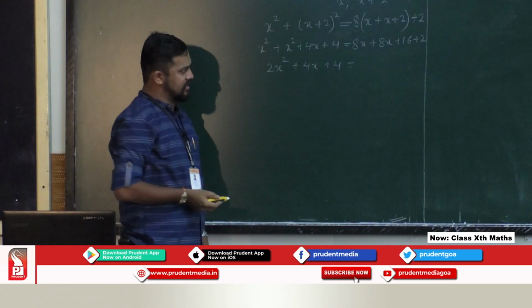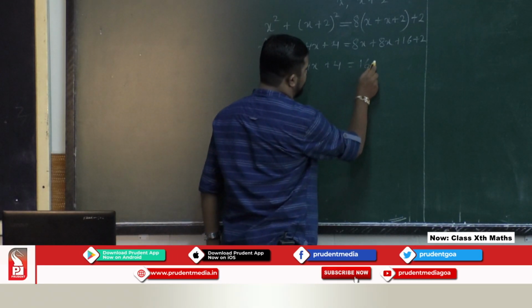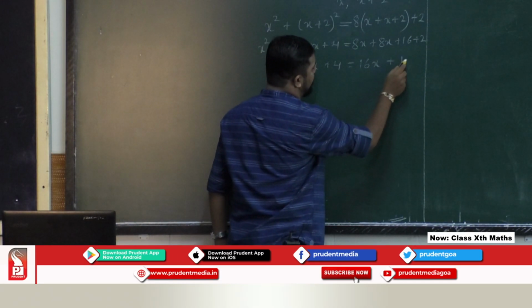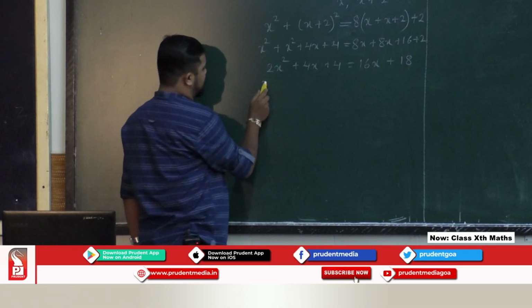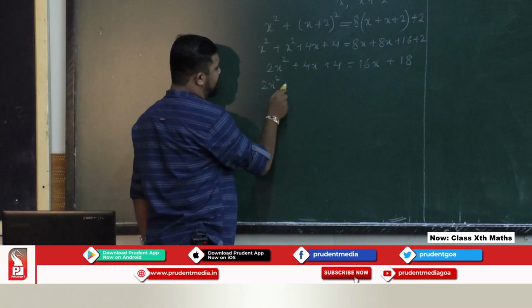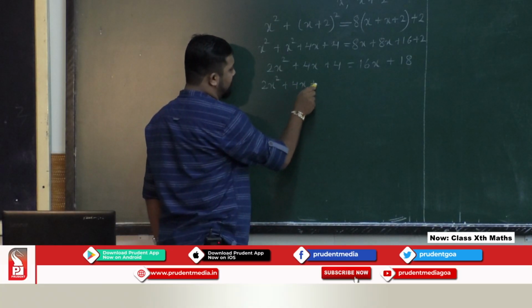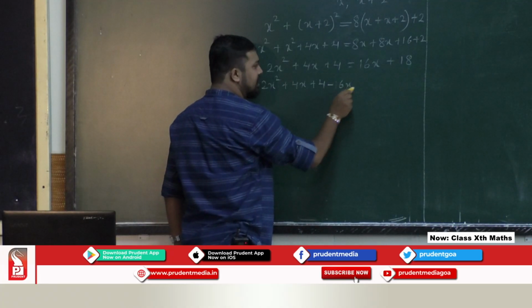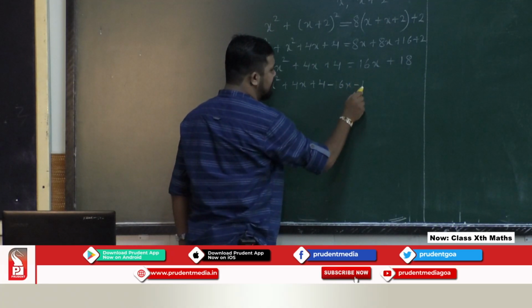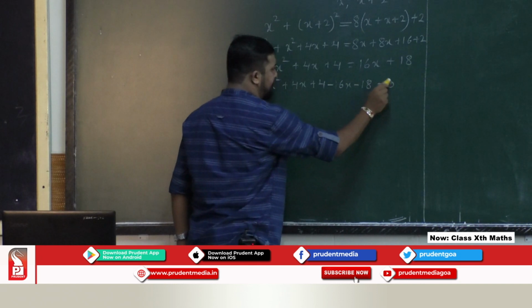8x plus 8x, 16x, plus 18. Bring all these terms to the left hand side. So 2x square plus 4x plus 4 I am bringing, minus 16x, and plus 18 becomes minus 18, equal to 0.